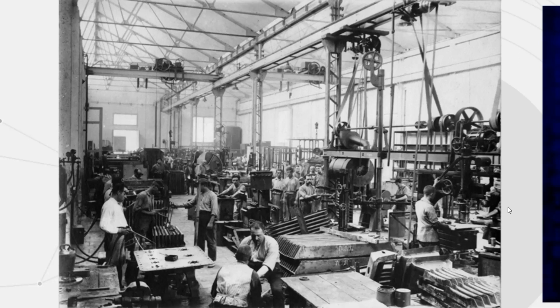Together with this migration, we started seeing a reshape of society. A lot of people were going to the cities as factory workers. So again, we came to a time, the Industrial Revolution, where 1% of the people were owners of the machines and 99% of the people were working in those factories.